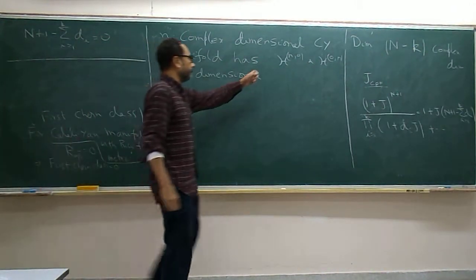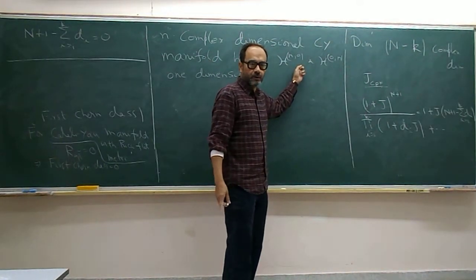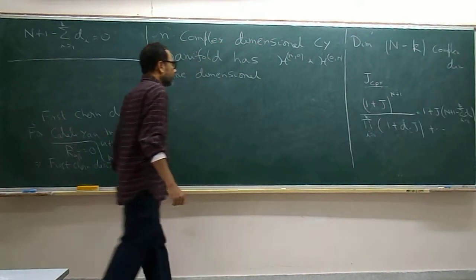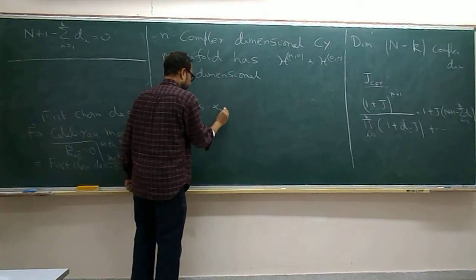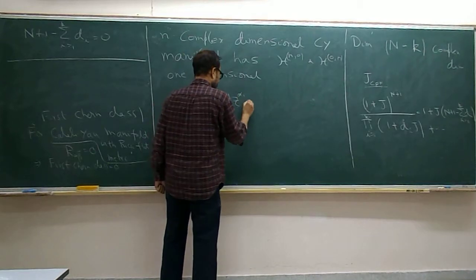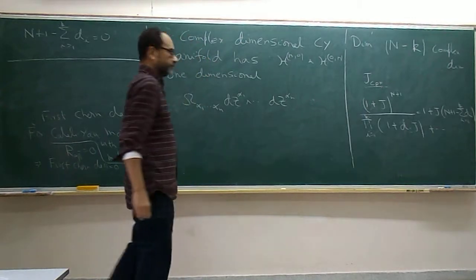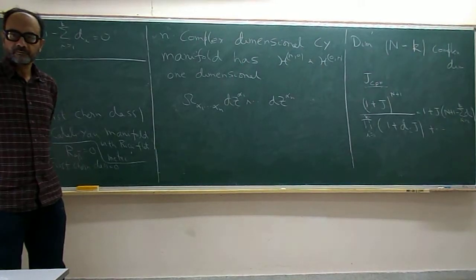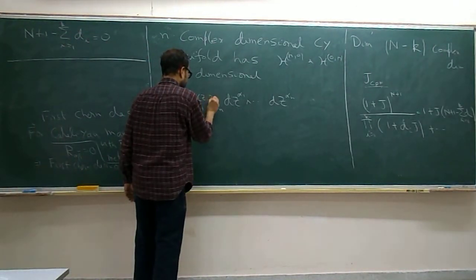So H^{n,0} is n,0 forms. This means there is an (n,0) form which is del bar closed, and also del closed. If you take the harmonic representative, it's del bar closed and del closed. So there is an omega_{alpha 1 to alpha n} dz^{alpha 1} to dz^{alpha n}. To begin with it is a function of z and z bar.